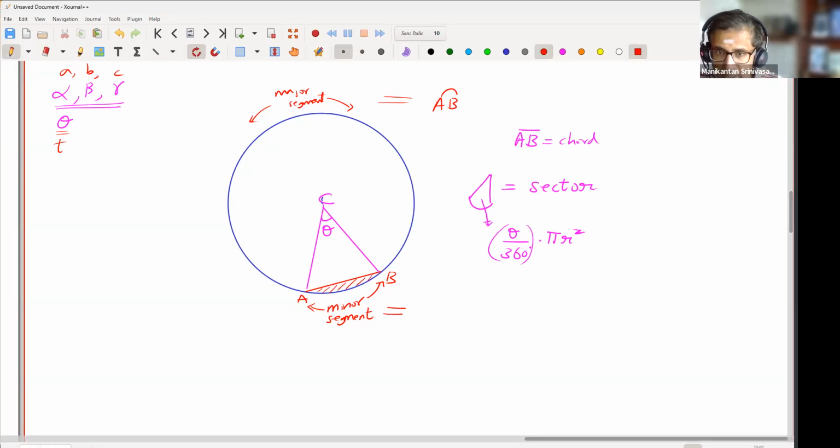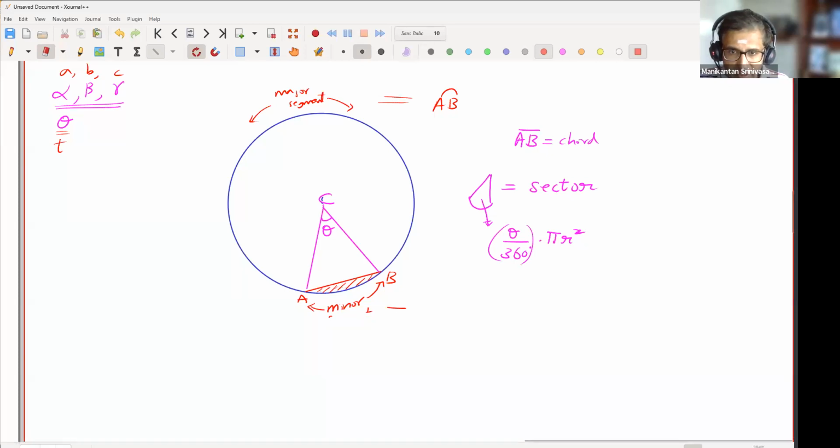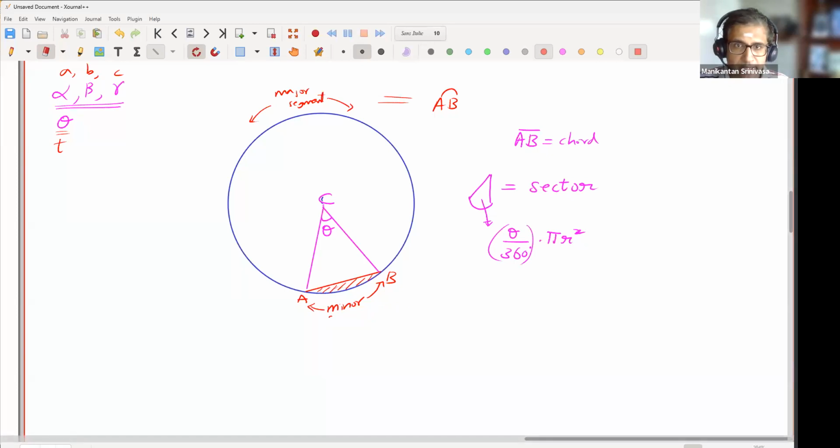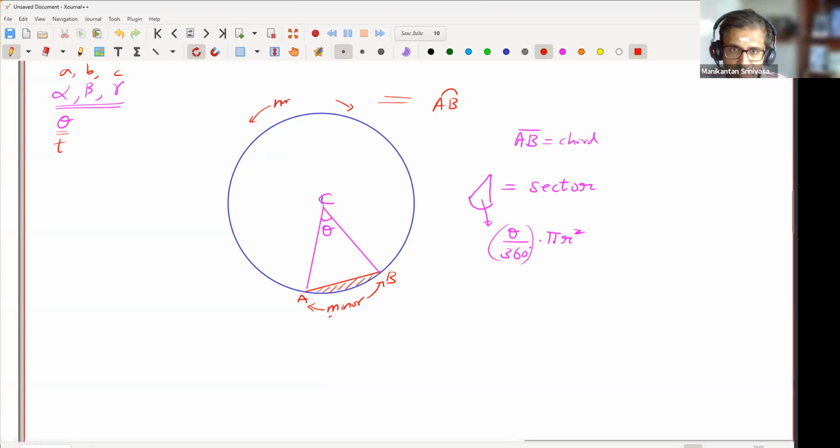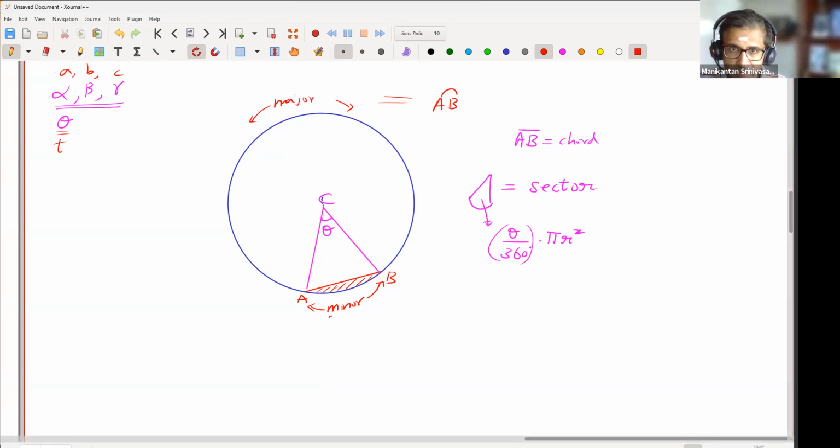Depending on the context, when people say the segment AB has an area of so much, they are talking about the actual area as opposed to the arc, which is a curve. In fact, let me not even say this. I'll just say this is the major arc AB, and this is the minor arc AB.